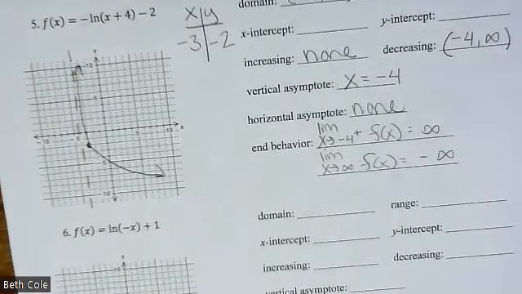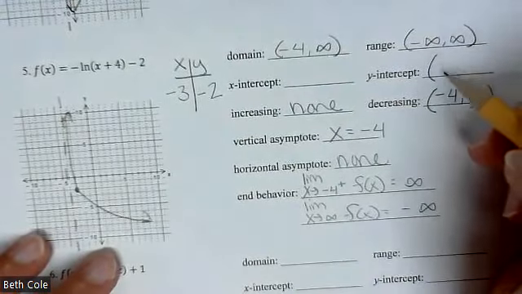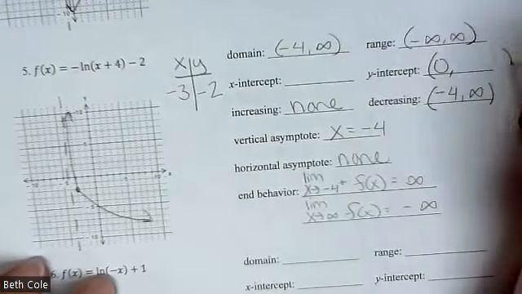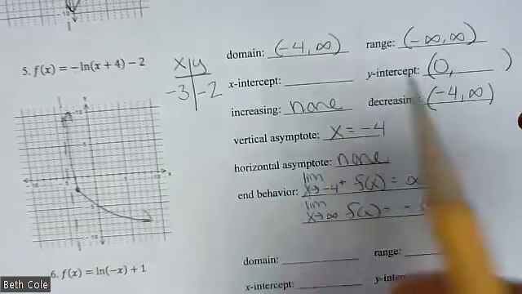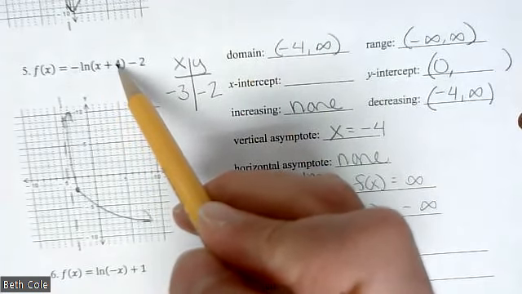Now we'll go back and get the intercepts. Let's do the y-intercept first. What would you plug in to get your y-intercept? 0. Now, without a calculator, you just leave it alone. So here we go. 0 plus 4. It's 4.